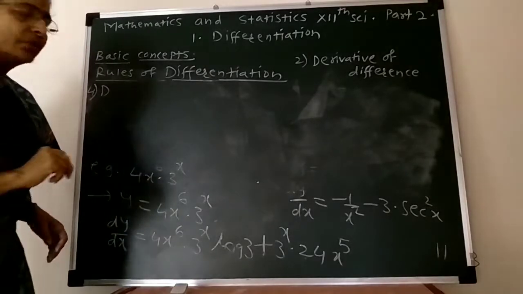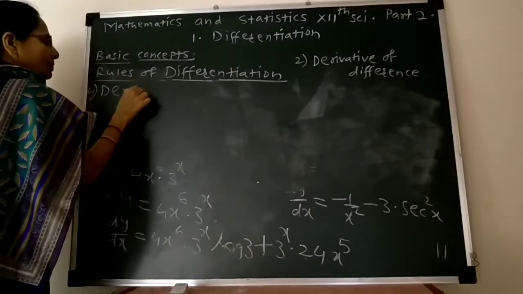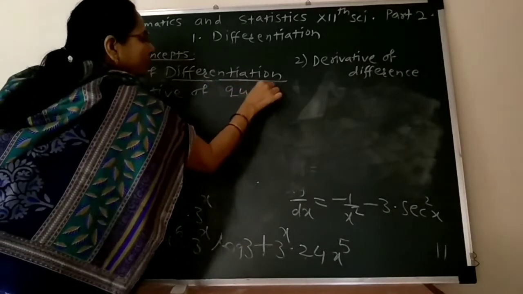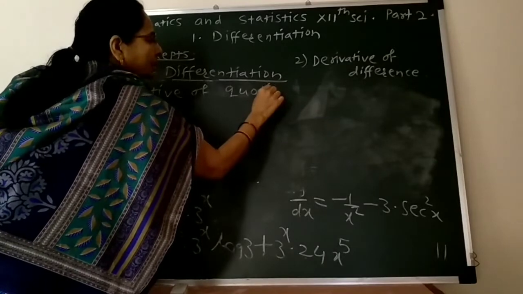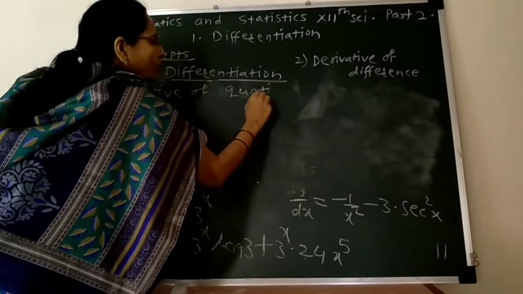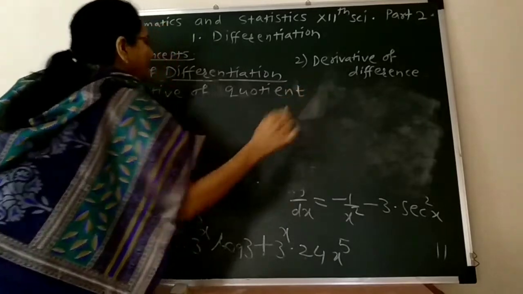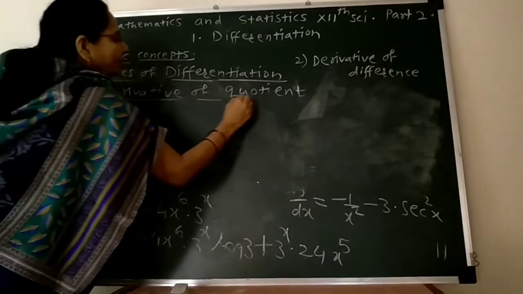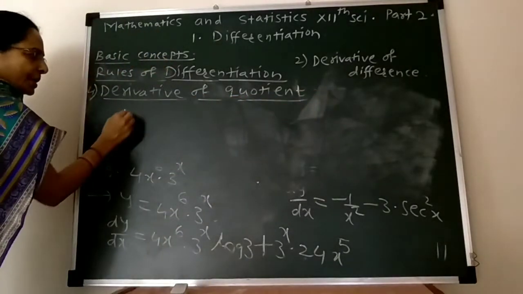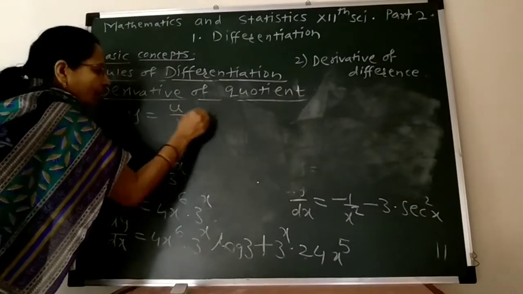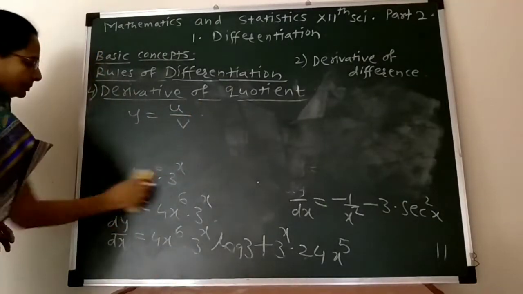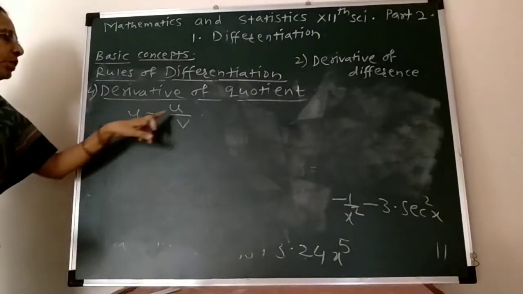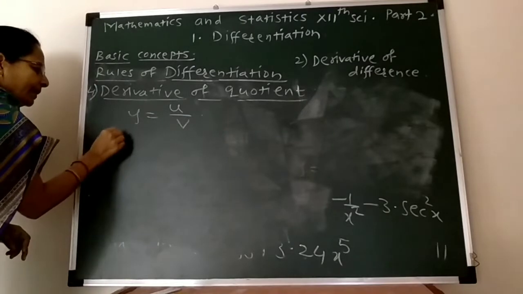Next is rule of differentiation, which is derivative of quotient. Quotient, Q-O-T-I-E-N-T. Derivative of quotient: if we have function y is equal to u upon v, and we have to take derivative.